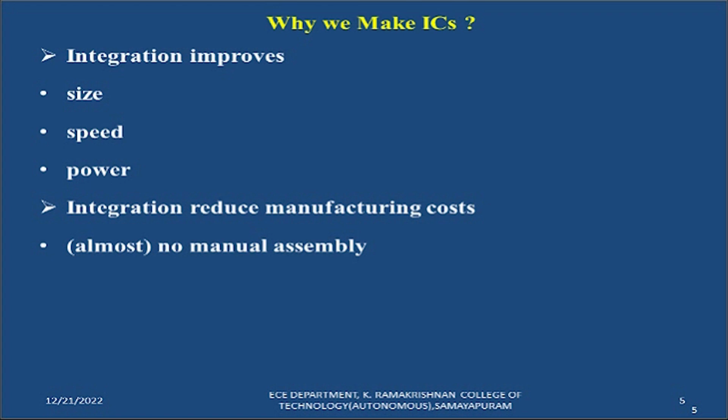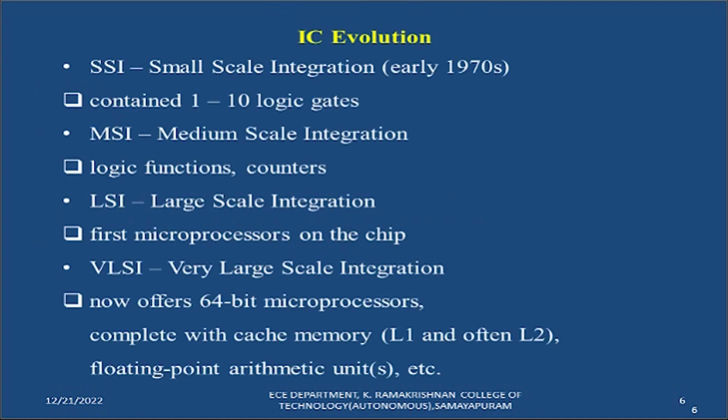There the integration describes automation, and that automation will be done by using electronic design automation tools. Various tools are involved in VLSI design in order to fabricate the particular FPGA or a programmable IC. If you need to reduce the manufacturing cost, manual assembly is not needed.